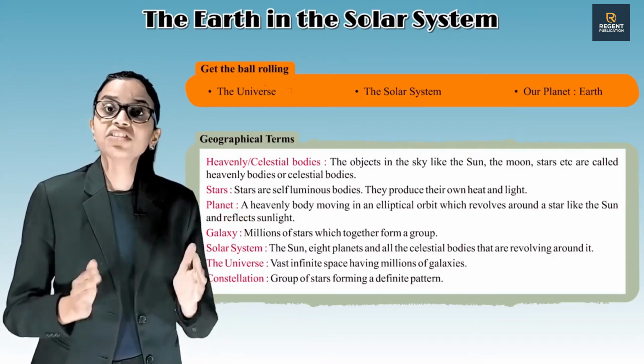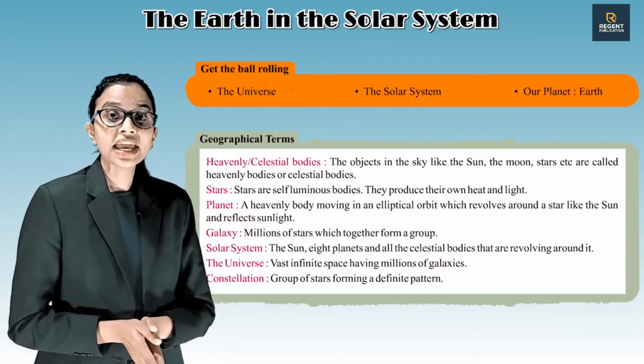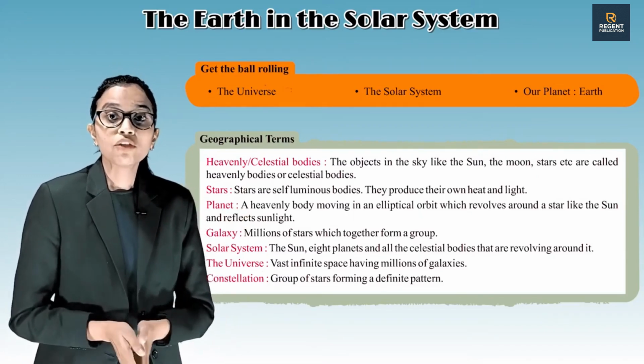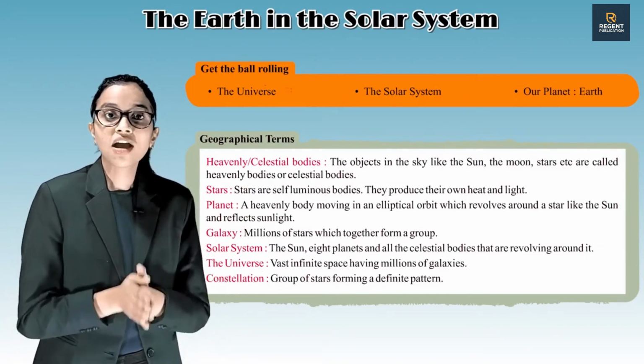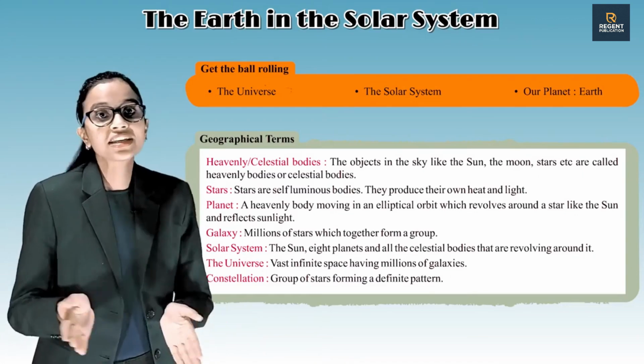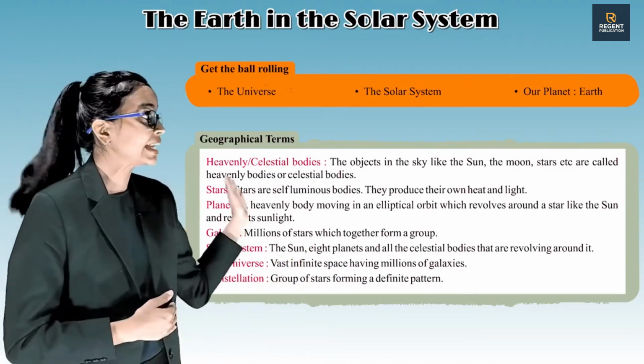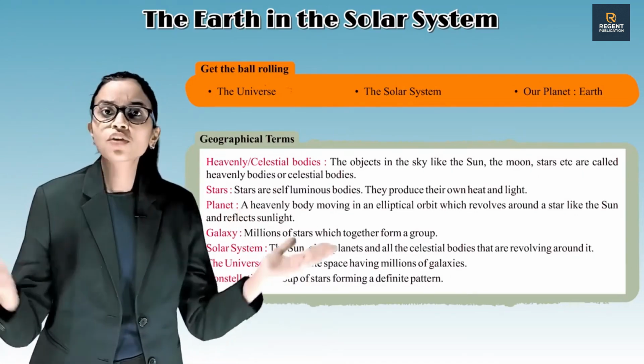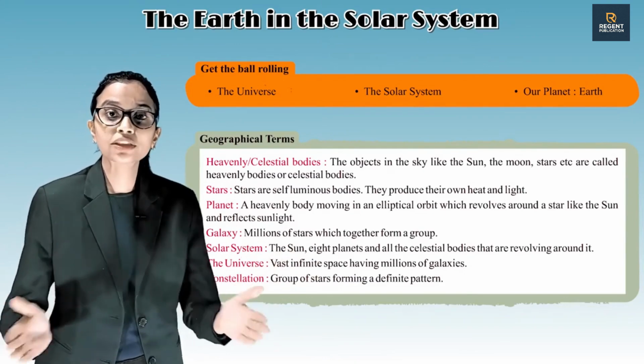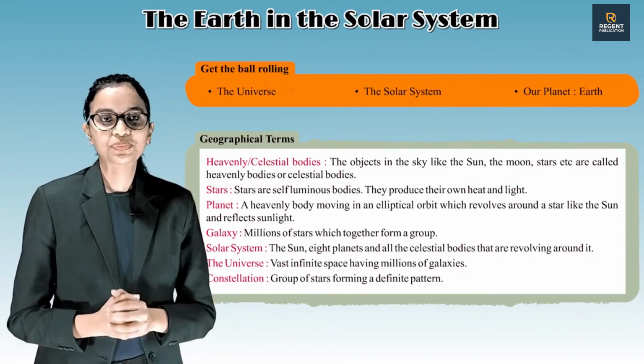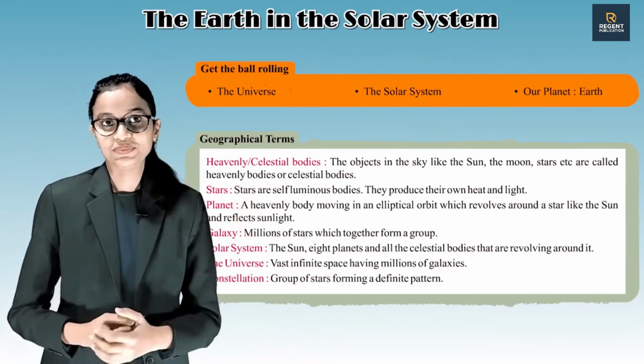Planet. A heavenly body moving in an elliptical orbit which revolves around a star like the sun and reflects sunlight. Galaxy. Millions of stars which together form a group. Solar system.